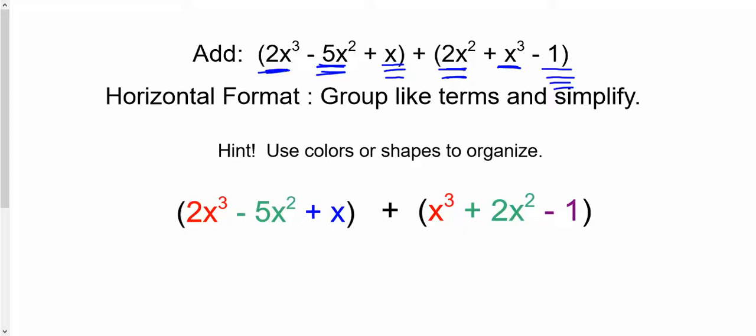So the 2x cubed and the x cubed make 3x cubed, same problem, but you have these two here make 3x cubed. You have the negative 5 and the positive 2 is negative 3. The x is by itself, the negative 1 is by itself. You can also use colors. All these examples are different ways of doing it.